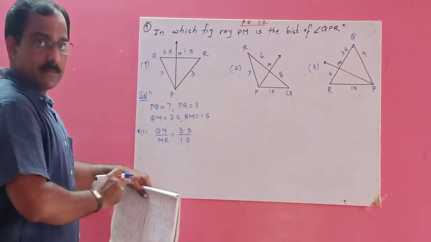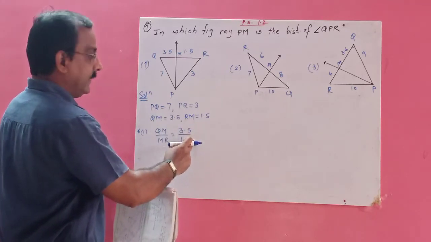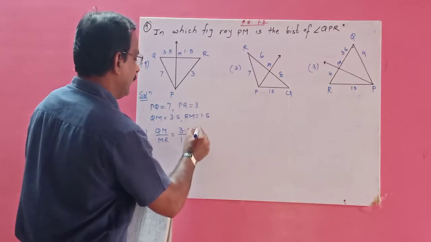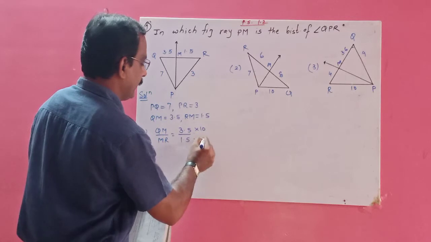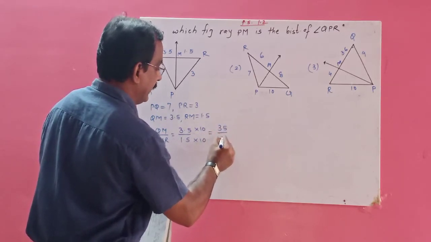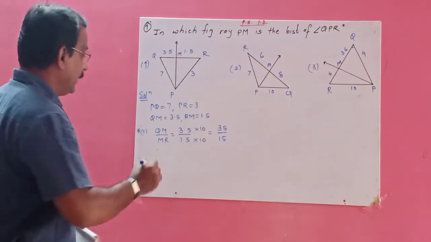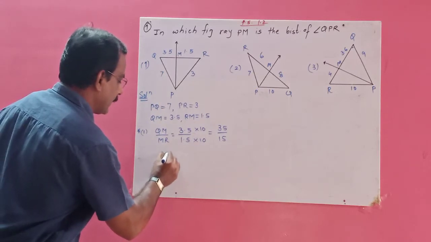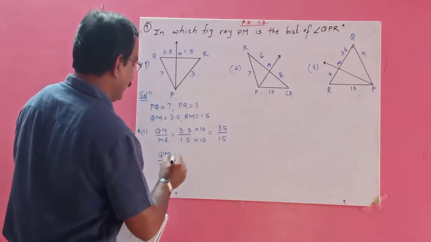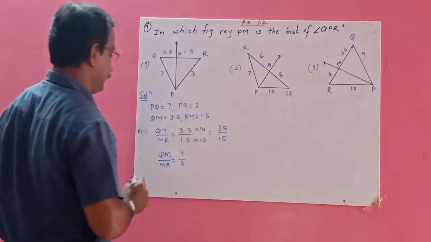How will we solve this? If you multiply by 10 and 10, it becomes 35 upon 15. And if you cancel by 5, QM upon MR is equal to 7 upon 3.